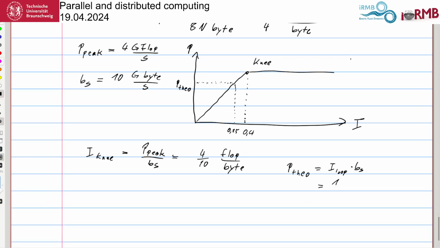And this will be 1/4 flop per byte times 10 gigabytes per second, and this goes to 2.5 gigaflop per second. Okay, I saw your face, and you're right. So it's 2.5 gigaflop per second, of course. So this is the performance that you could maximally get out of this loop.